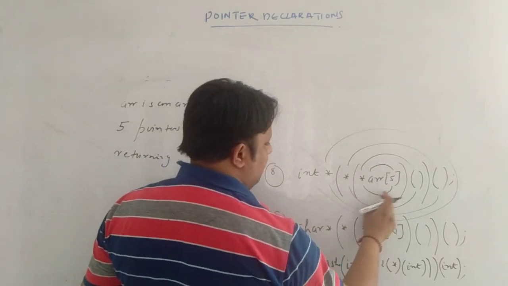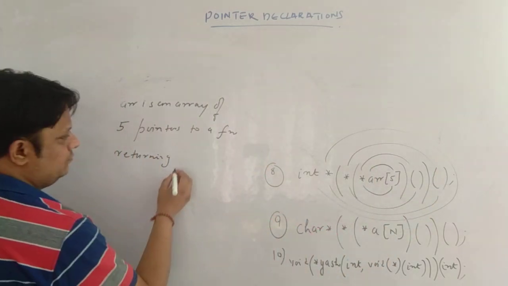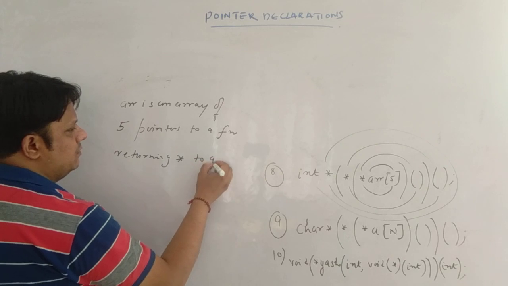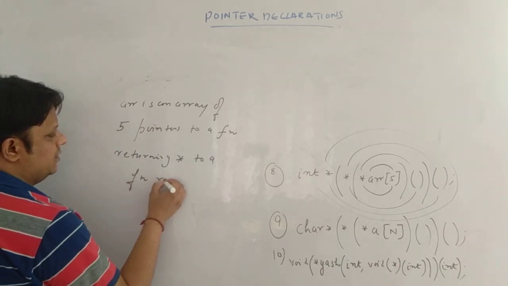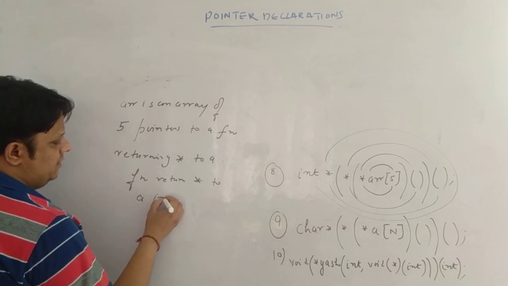ARR is an array of 5 pointers to a function returning pointer to a function returning pointer to a function returning pointer to an integer.